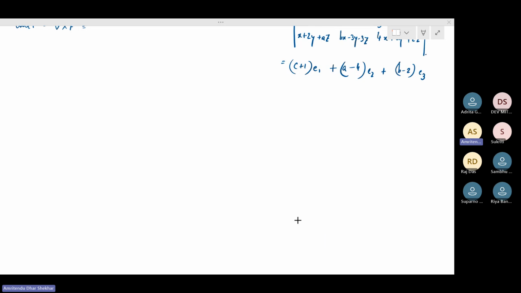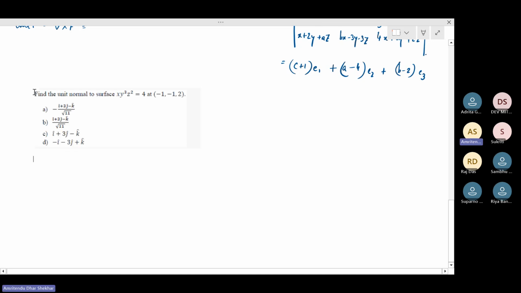Let's look at this problem. We have seen this kind of problem before. So find the unit normal to this particular surface. We discussed at length last time surfaces which are given by the inverse values of functions, right?